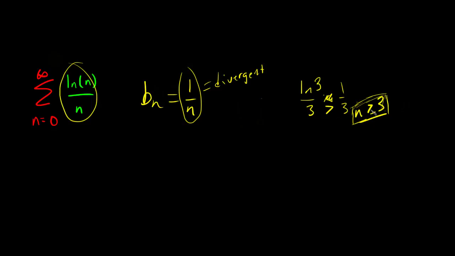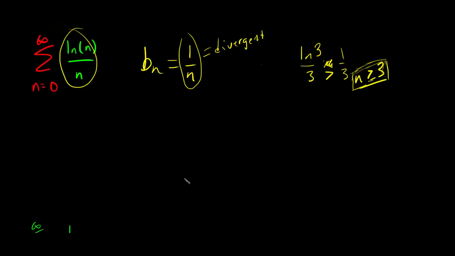So yeah, I don't feel like I'm explaining this as well as I should be, but mostly all the n's from 3 to infinity have a sub n greater than b sub n, then we can ignore the first few terms.